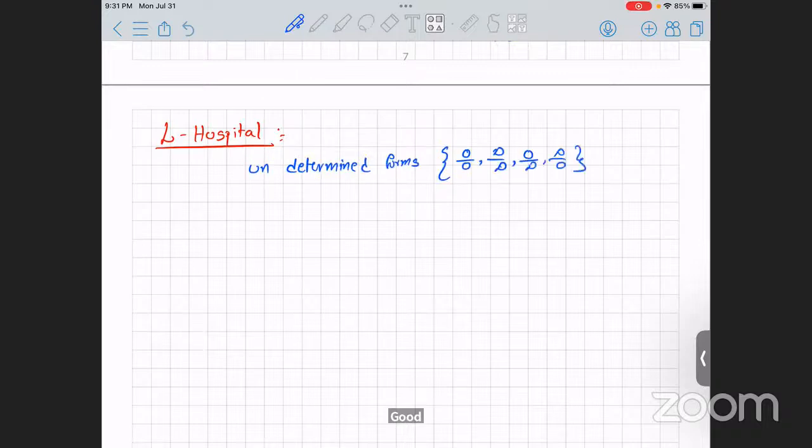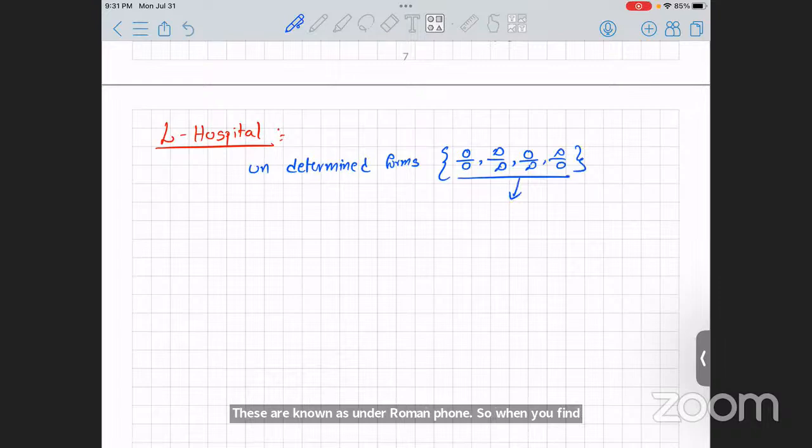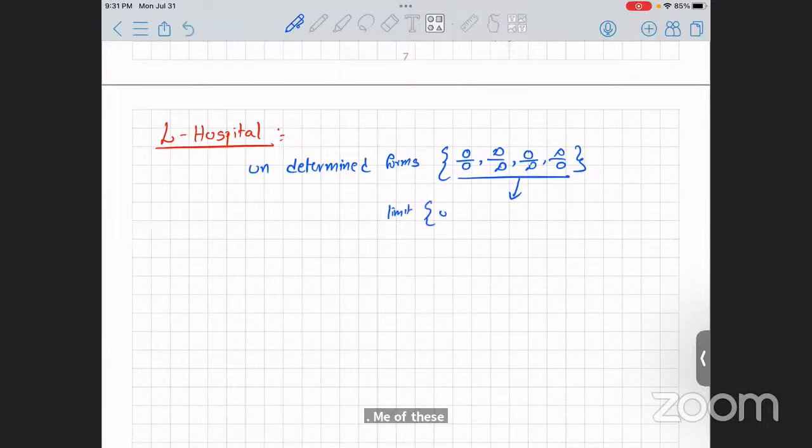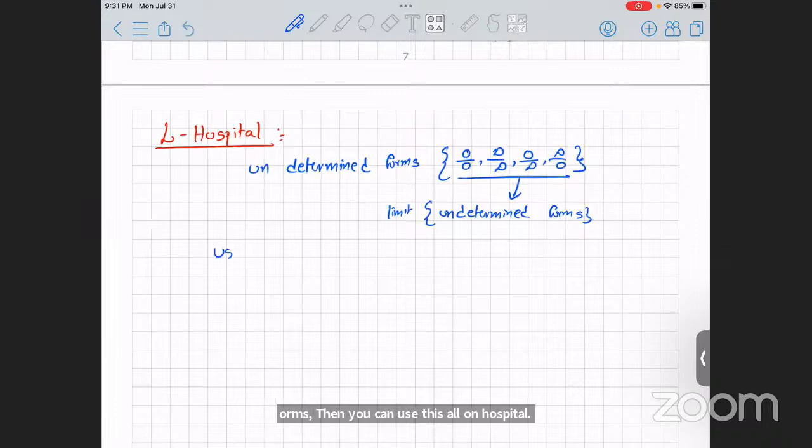These are known as undetermined forms. So when the function is in these forms, you can use this L'Hospital rule.